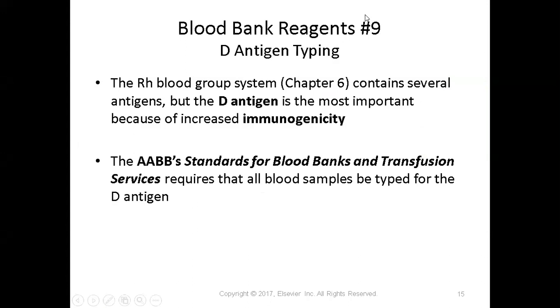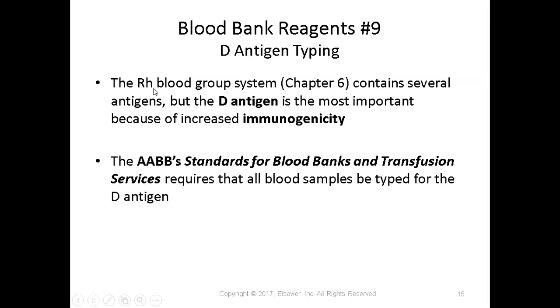Other blood bank reagents that we use in our initial ABO and RH typing include antisera to detect the big D antigen. The big D antigen is part of the RH blood group system, which we will study more closely in Chapter 6.